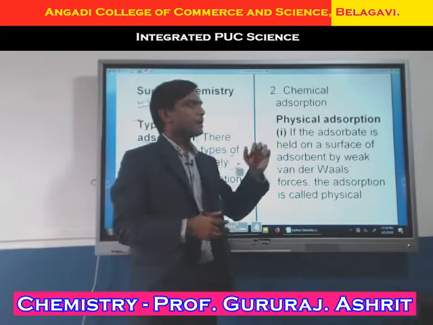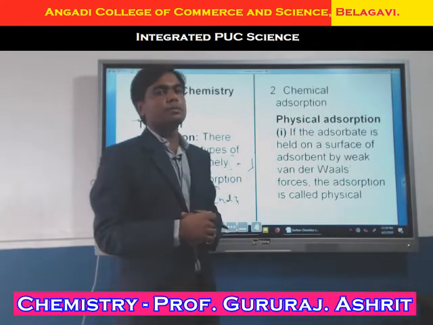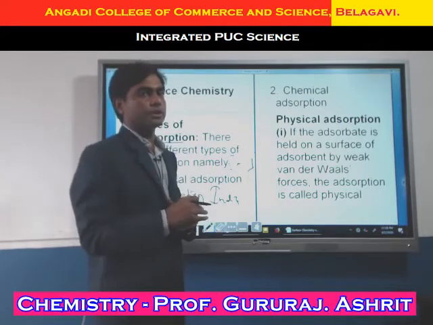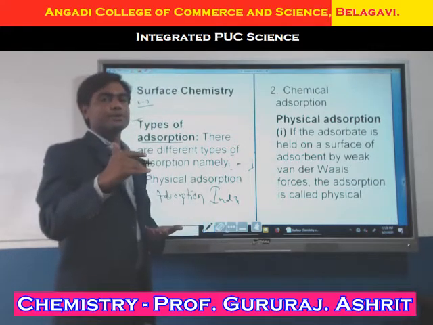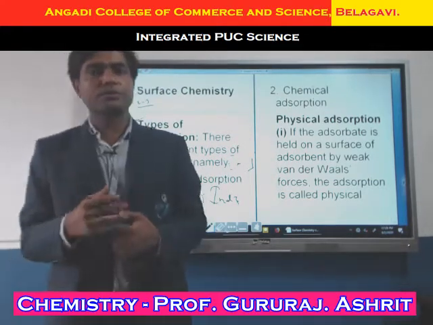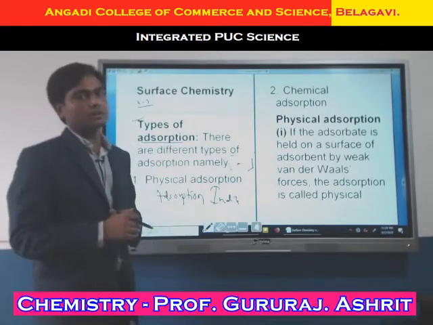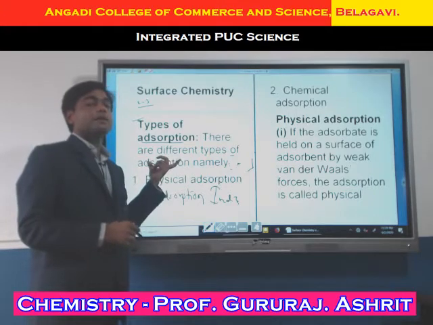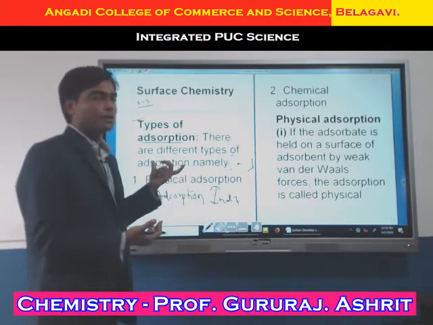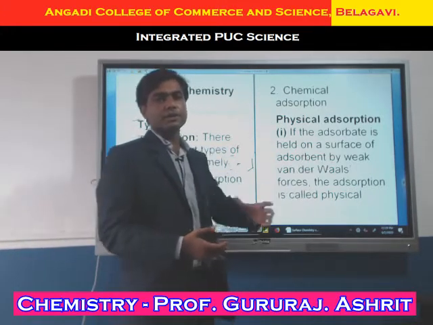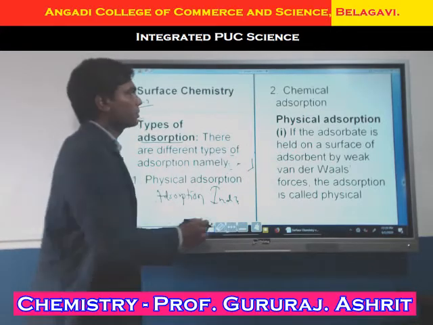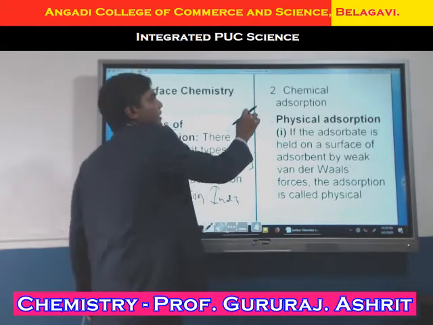And chemical adsorption is the process in which the adsorbate molecules are held on the surface of the adsorbent with strong covalent forces of attraction. Hence, physical adsorption is considered weak adsorption and chemical adsorption is considered strong adsorption. Next we move to the second page.